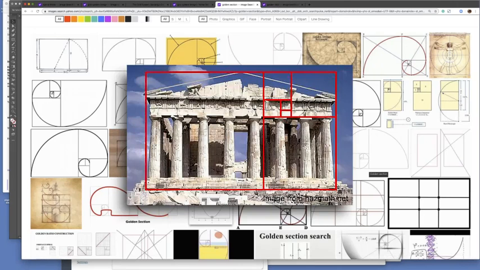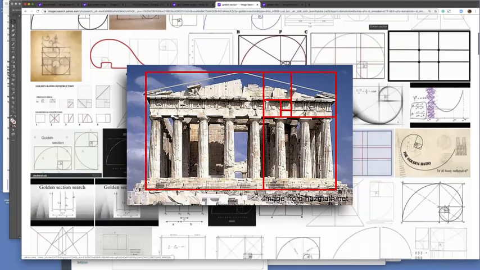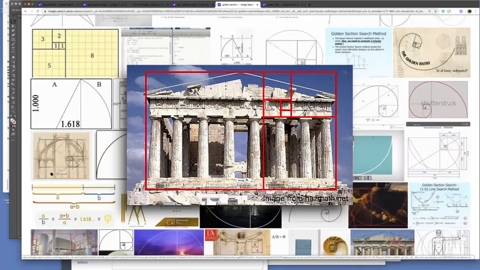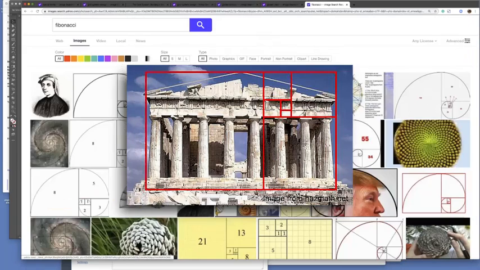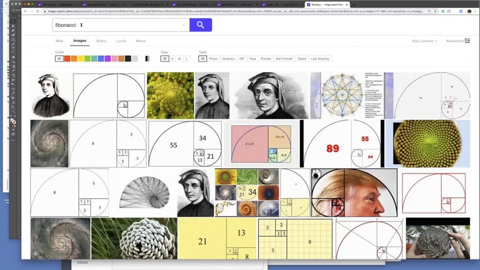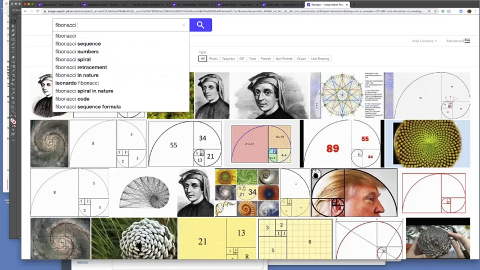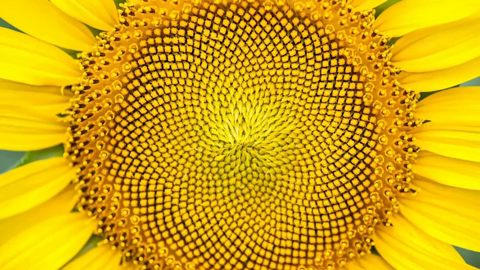Where we see it constantly being used is in Greek architecture. Everywhere else we look, that includes accurate representation of natural forms. I Googled Fibonacci, and up comes all these images of this same kind of thing. So there's a thing called the Fibonacci sequence that he discovered, and it seeds in, say, a sunflower in the different rows.